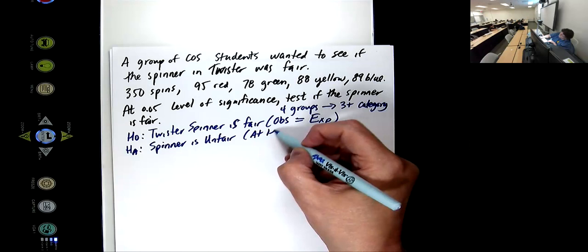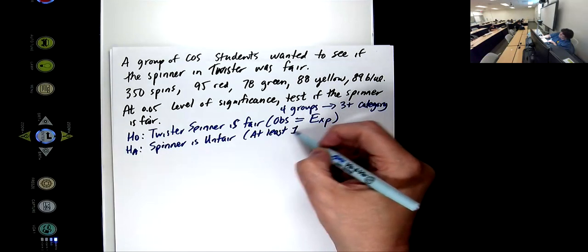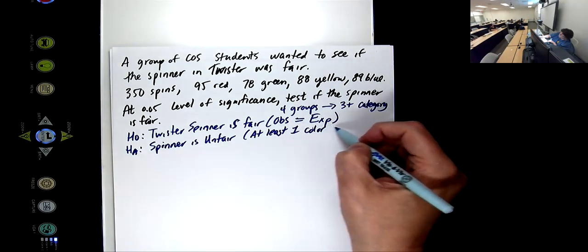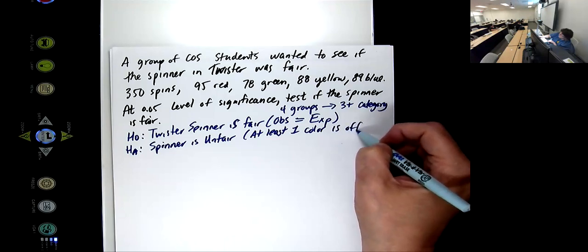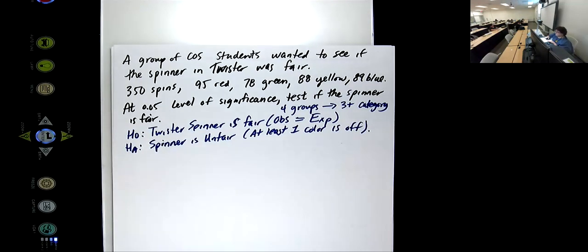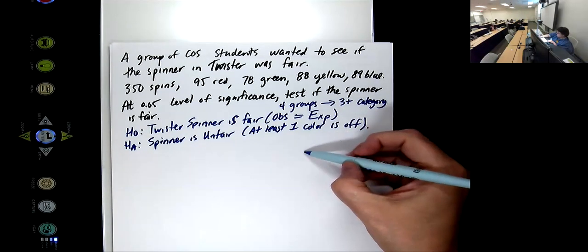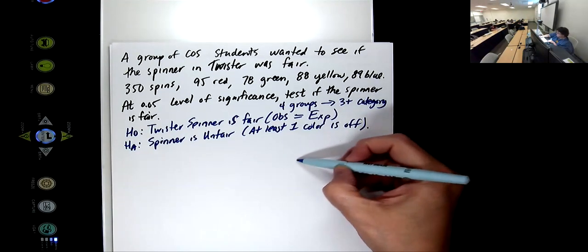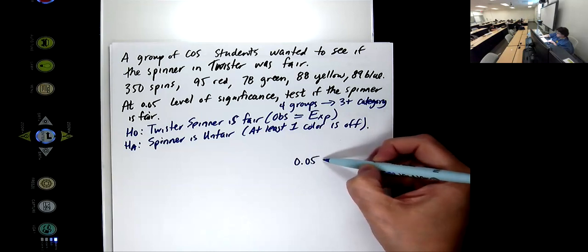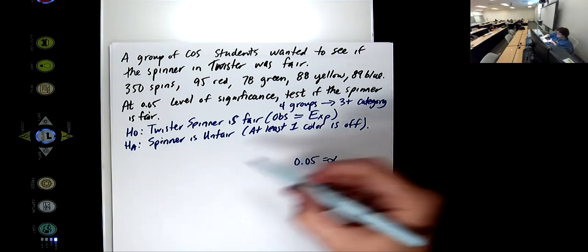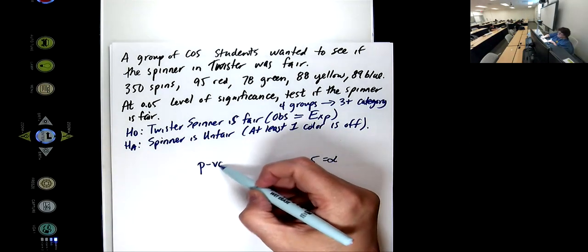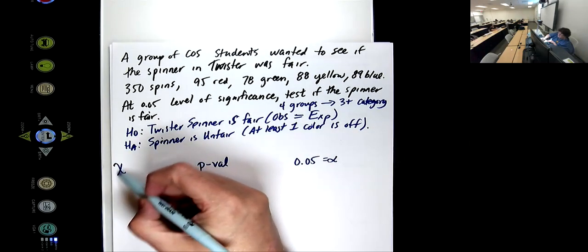At least one color is off. And I have alpha equals 0.05. I need my p-value and I need my chi-square value.